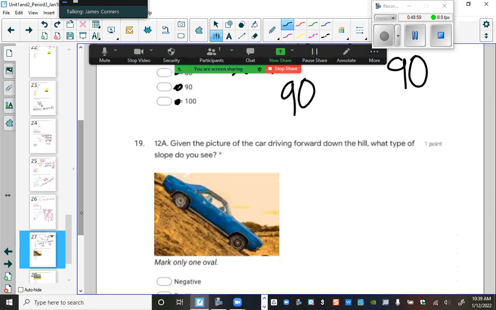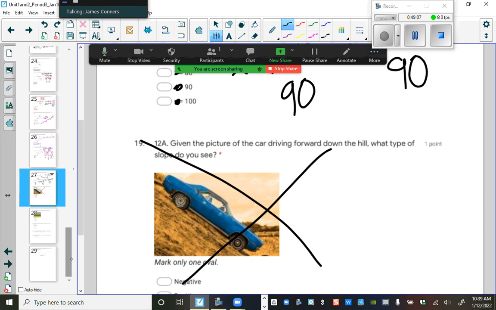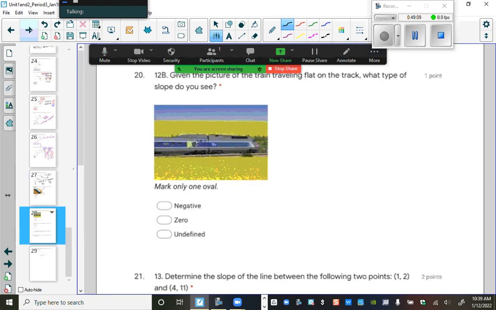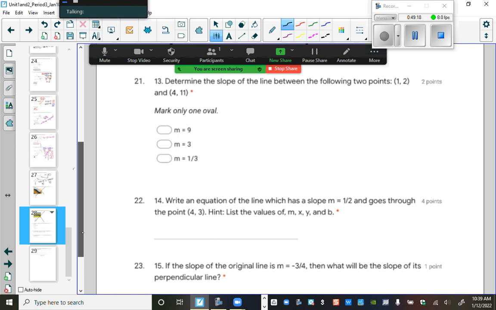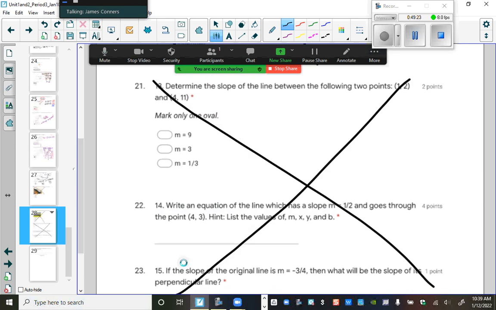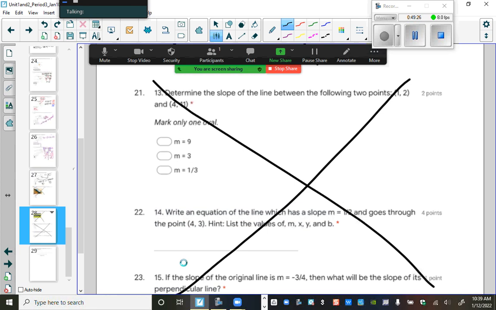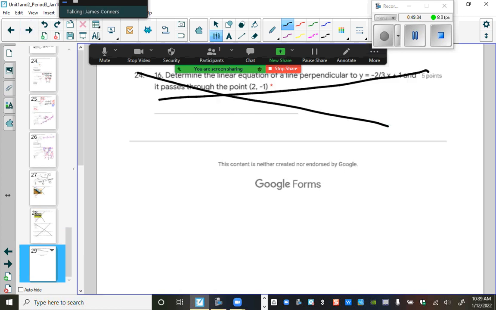Cross off the rest of what was printed out. I'm not gonna have you do that. You can cross out this entire page. Cross this one out too. So linear equations are going to be off the table. I'm not going to put them in.